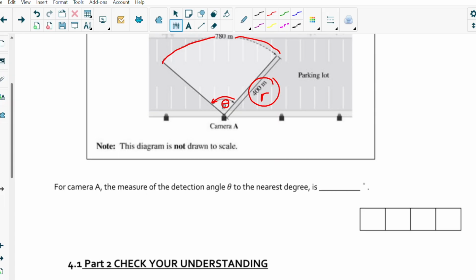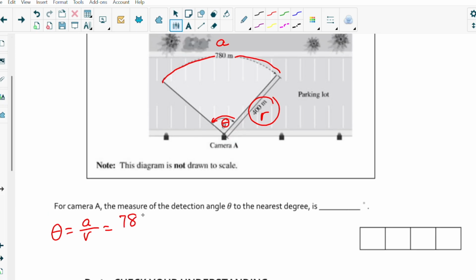For camera A, the measure of the detection angle to the nearest degree is, so I'm going to go theta equals A divided by R. Okay, and then let's plug in our values. A value is 780 over R, which is 400.